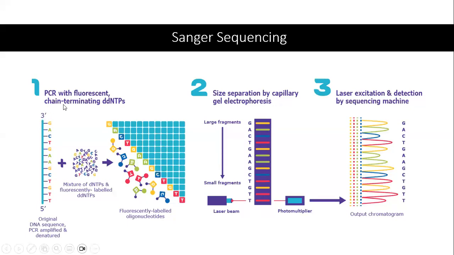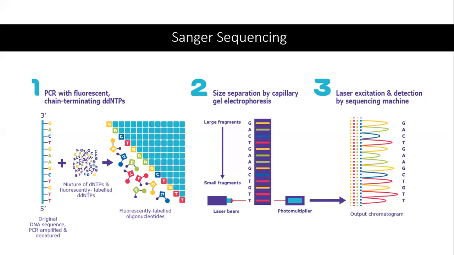So we run a PCR with fluorescent chain ending ddNTPs. What a ddNTP is, it's a dNTP, sorry, but when it's added to the chain, you cannot add on another nucleotide. So remember with DNA replication, the dNTPs will continuously be added to form the chain.